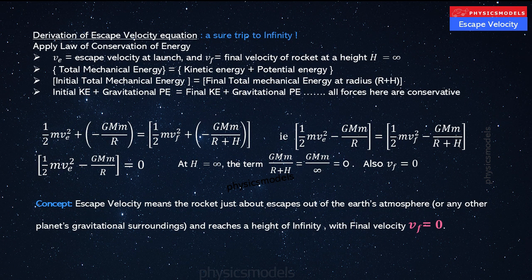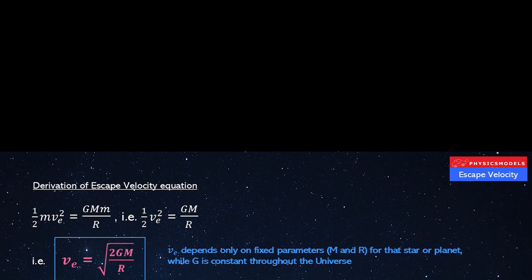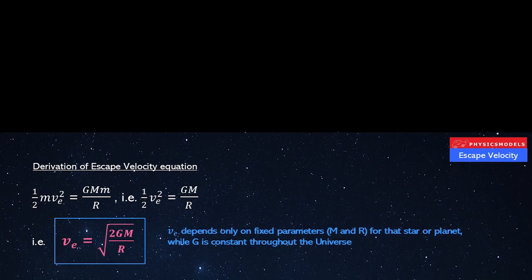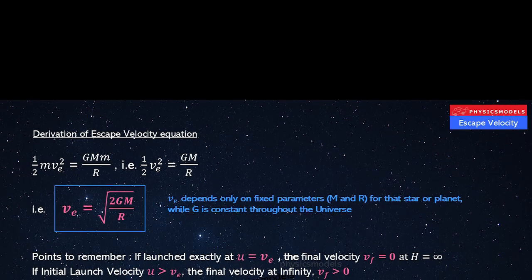Also, the term GMm by r plus h becomes 0 when h is equal to infinity. So the equation becomes pretty simple and we get half m Ve squared minus GMm by r is equal to 0. Now it is straightforward. We get the escape velocity Ve as square root of 2GM by r.